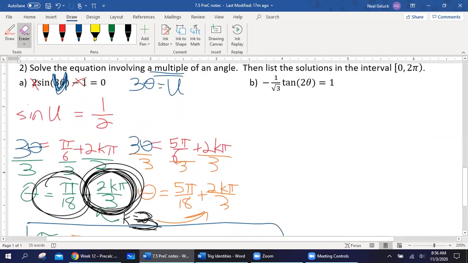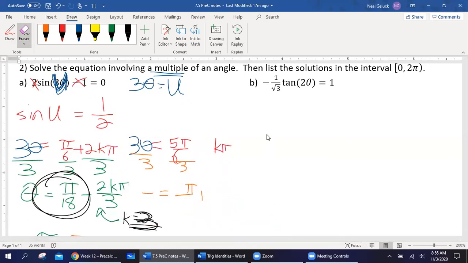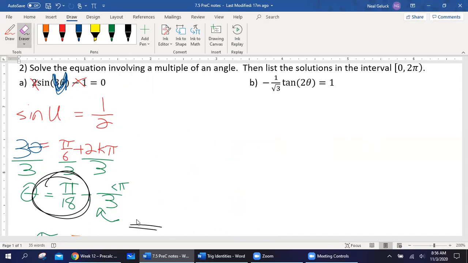All right, on the last one, let's get some stuff out of the way here. I'm going to think of the 2 theta, the multiple of an angle, as the letter u. And again, that's an arbitrary pick.